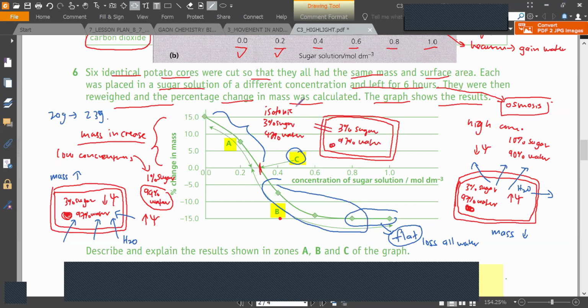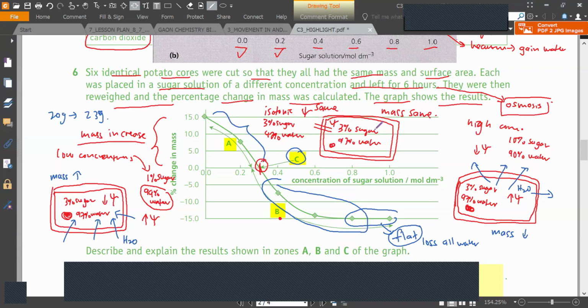The water potential is the same, so there will be no net movement. The size of the potato cylinder, the mass, remains the same.